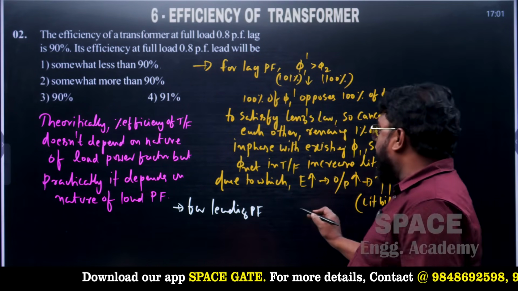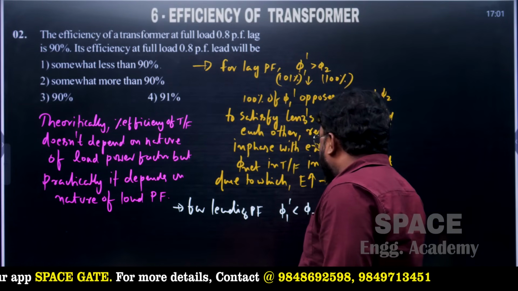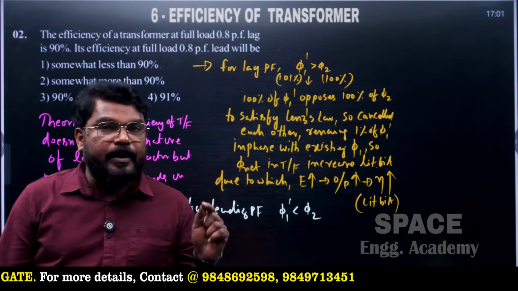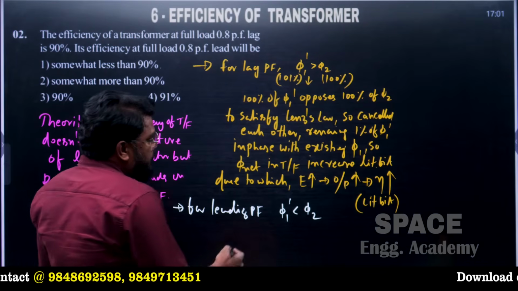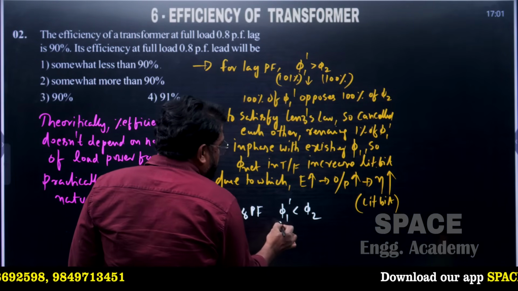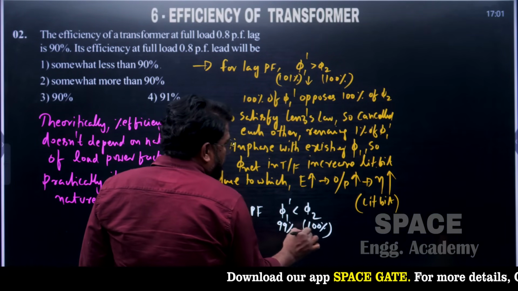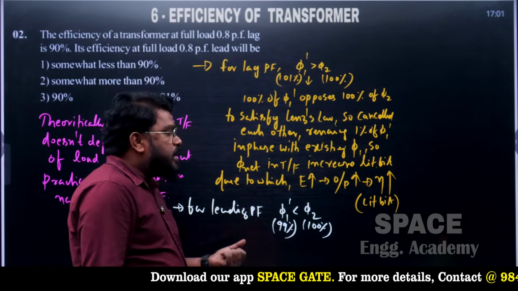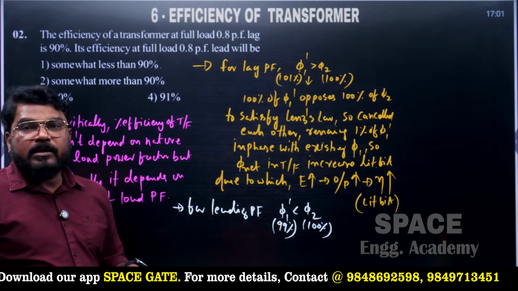For leading power factor, phi 1 dash is less than phi 2, so the load component of the primary flux is less as compared to the secondary flux. Let us consider this value is 99% and that is 100%. What is the nature of this phi 1 dash? Phi 1 dash opposes phi 2 to satisfy Lenz's law.